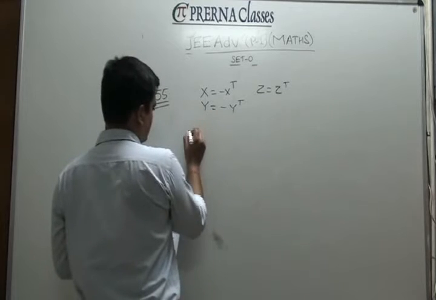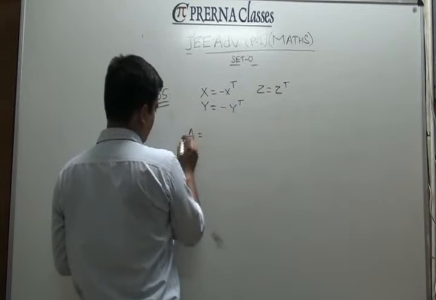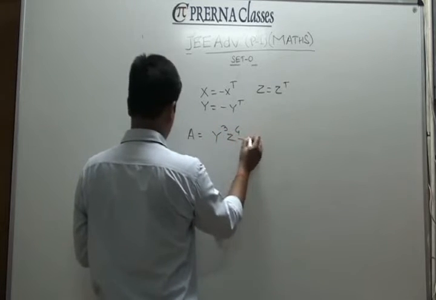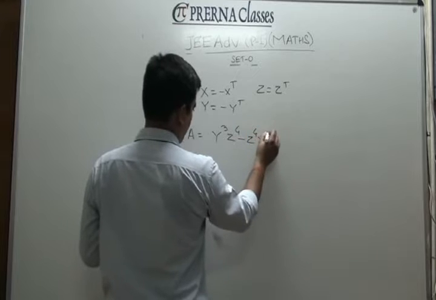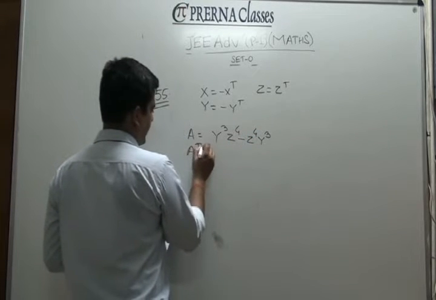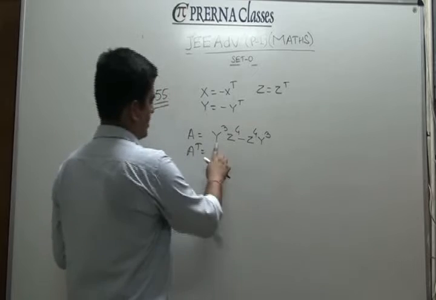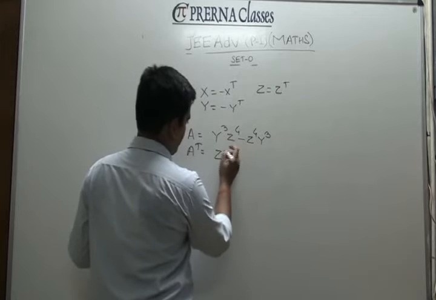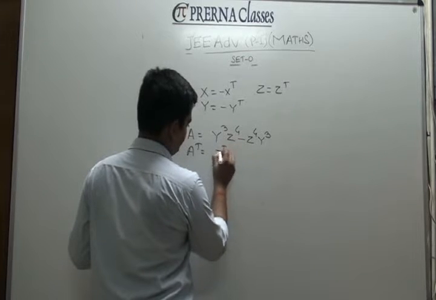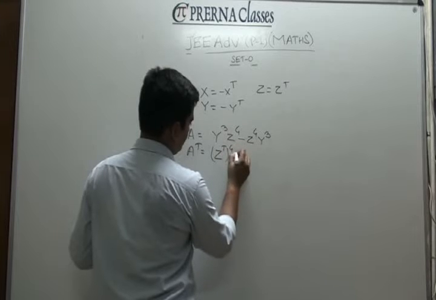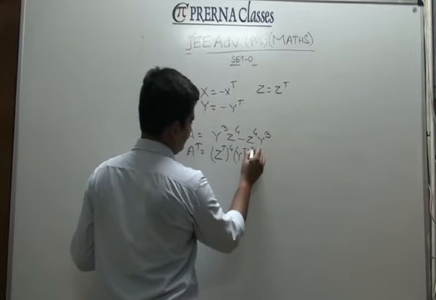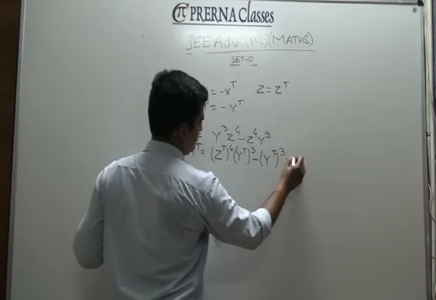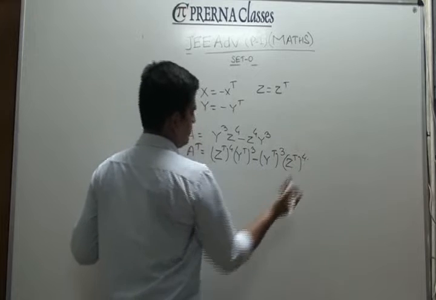If I consider the first matrix as matrix A, in option A you have Y cube Z4 minus Z4 Y cube. In order to find out its transpose, you can check, even if you take transpose of this whole thing, you will have this expression.